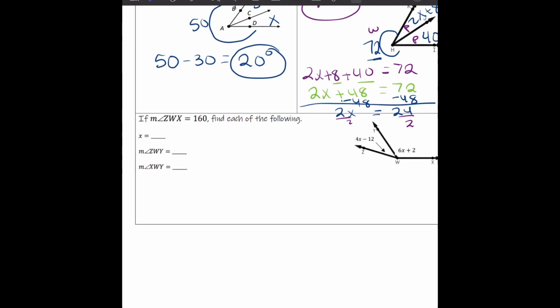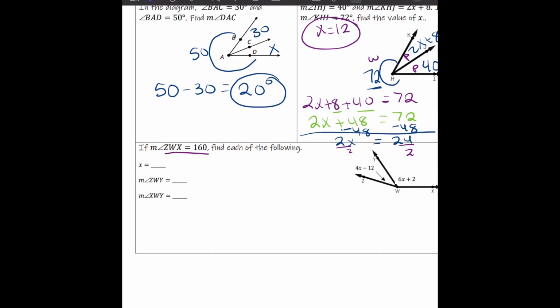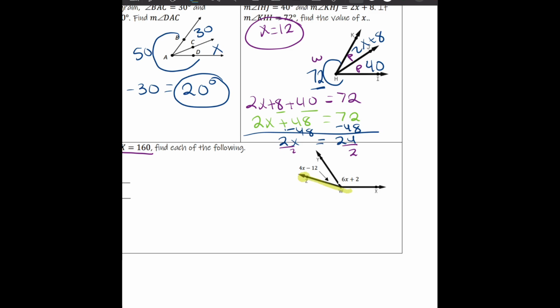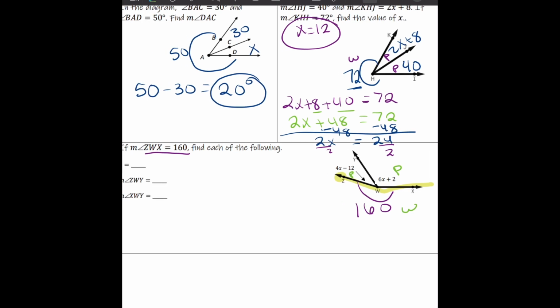Alright, and then the last one. It says if ZWX is 160, that is the whole thing. So we have our part, we have our other part, and then we have the whole. So our first thing is to set it up: 4x minus 12 plus 6x plus 2 equals 160, which is the whole.